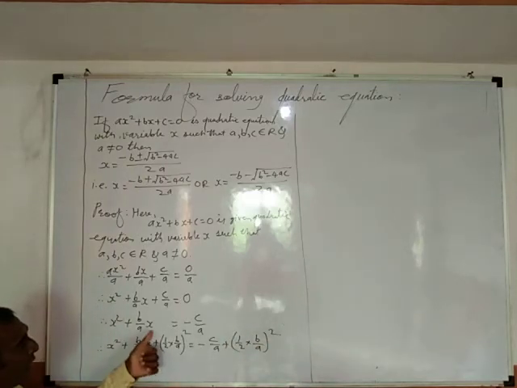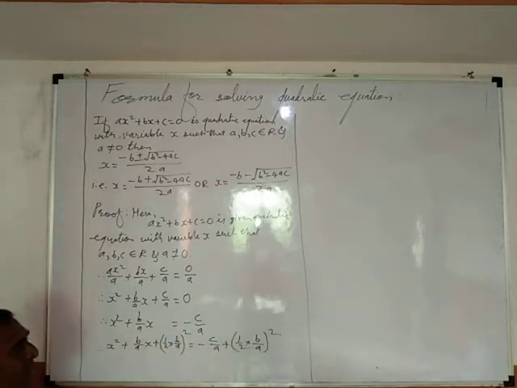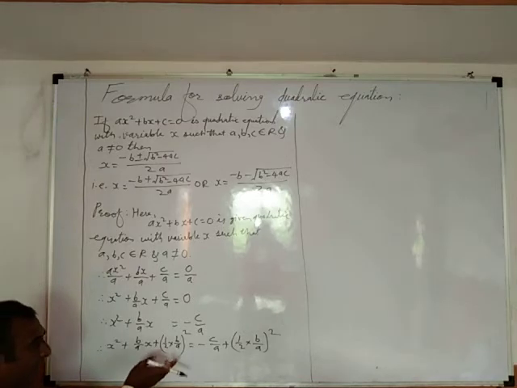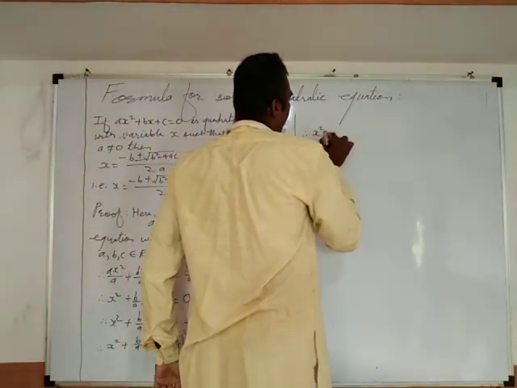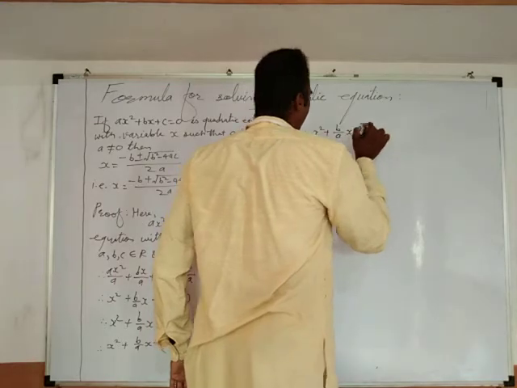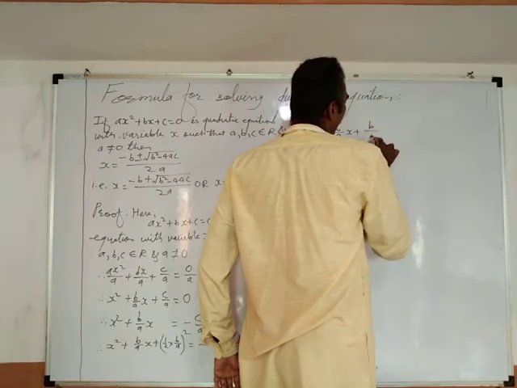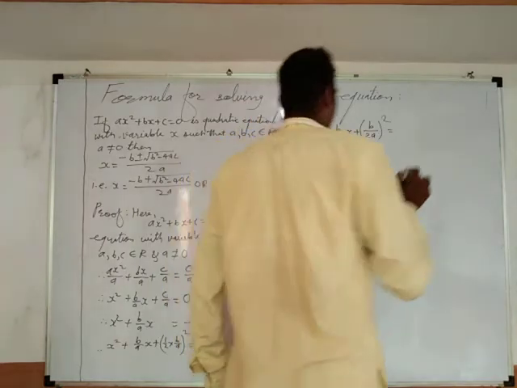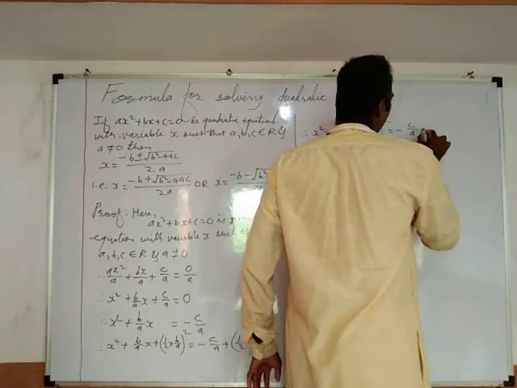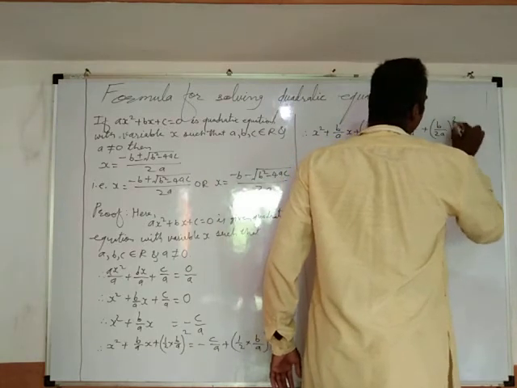Okay, half into the coefficient of the linear term, its square, is added at the LHS as well as at the RHS. Therefore this equation becomes x square plus b by a x plus 1 into b gives us b upon 2 into a gives us 2a, its square, equals minus c by a plus b upon 2a, its square.